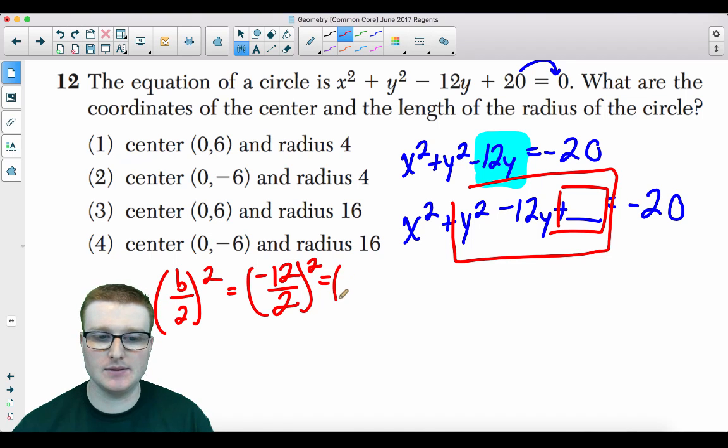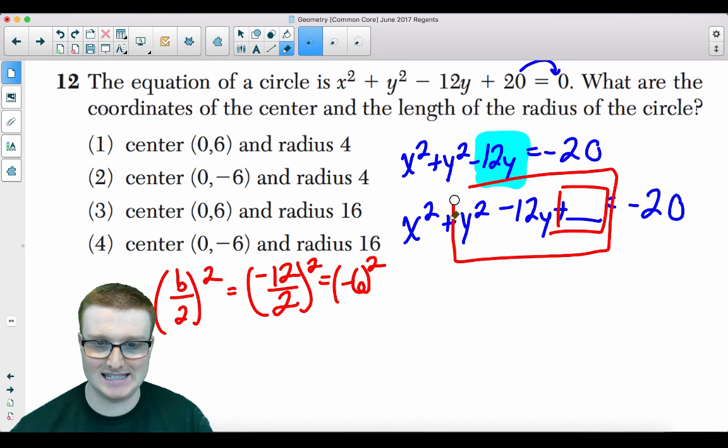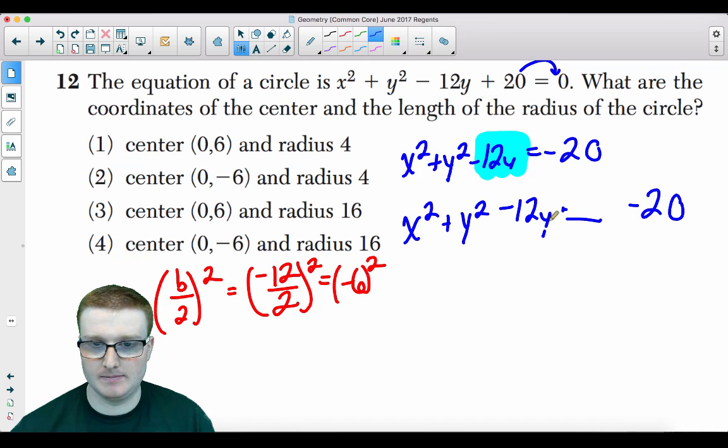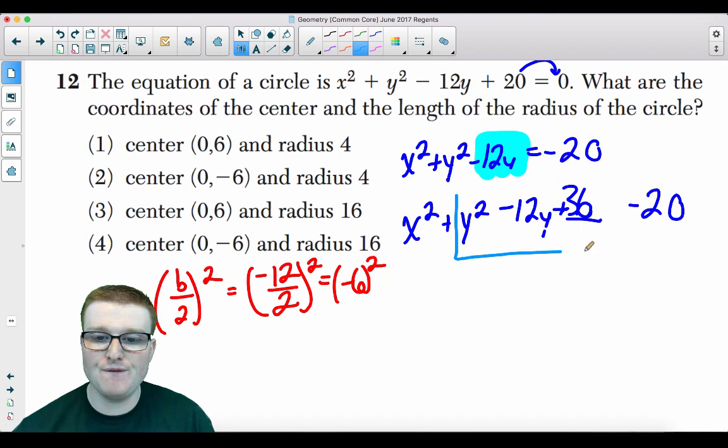Negative 12 divided by 2 is negative 6. Negative 6 squared is positive 36. So I'm going to insert that into my blank space. Plus 36. Boom.